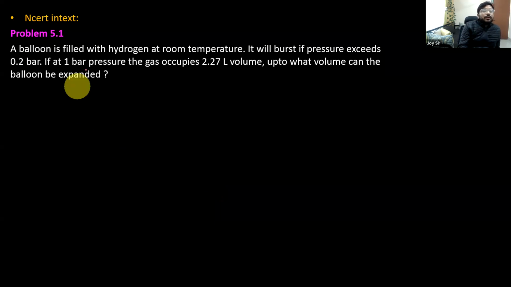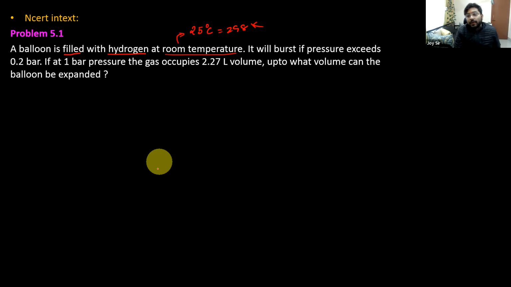A balloon is filled with hydrogen at room temperature, 25 degrees Celsius, that is 298 Kelvin, that is our room temperature. It will burst if pressure exceeds 0.2 bar. That means if the pressure inside the balloon, as you are inflating it and putting air inside, exceeds 0.2 bar, then the balloon will burst.